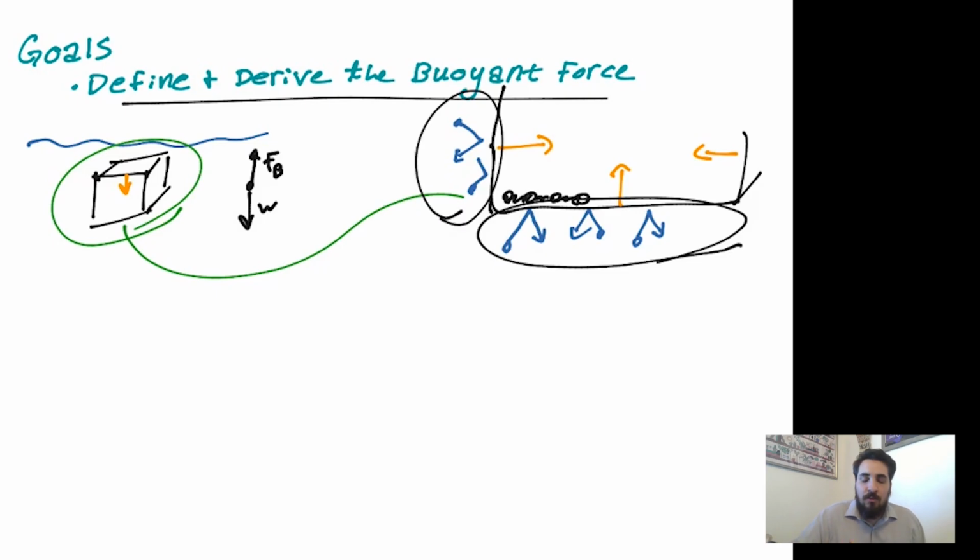The molecules on the left-hand side of the cube, well, that's going to be due to the pressure of the water on the left-hand side of the cube. And on the top of the cube, that's due to the pressure on the top of the cube, the hydrostatic pressure.